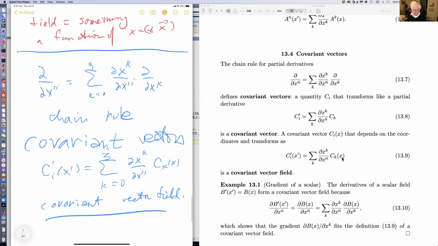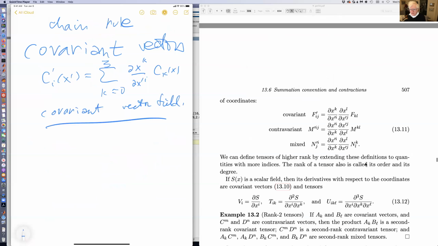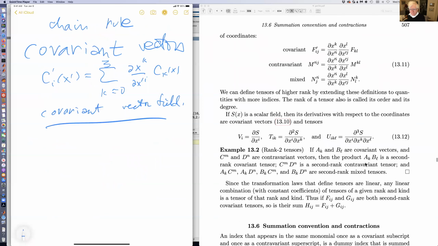Now this stuff all gets generalized to tensors. So if you have something that's a tensor, for example, F_ik of x, this might be the Faraday tensor in electrodynamics. So the Faraday tensor F prime_jl of x prime, we're saying that it's covariant because the indices are down.